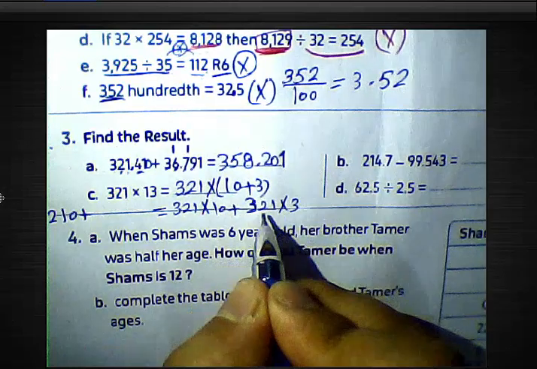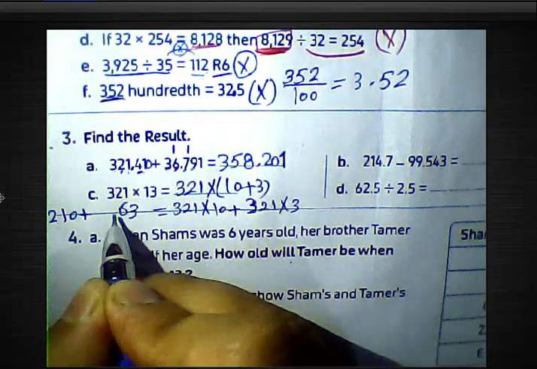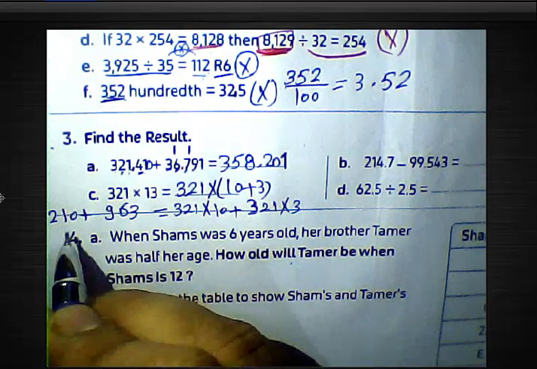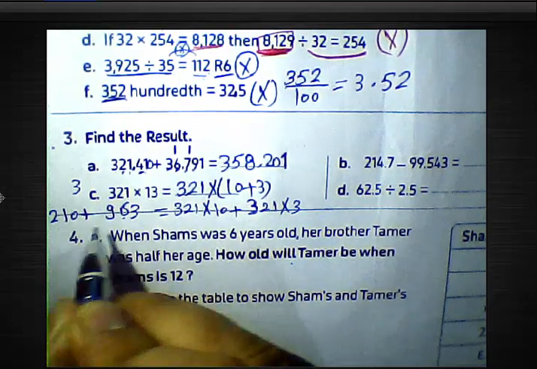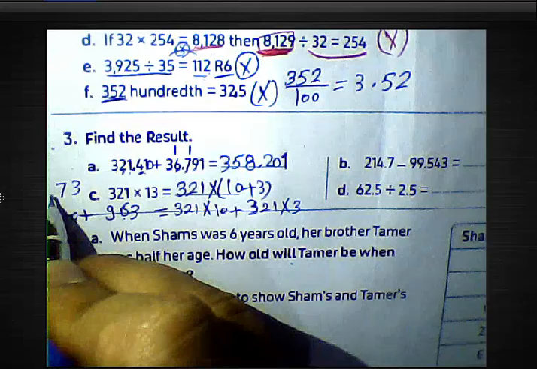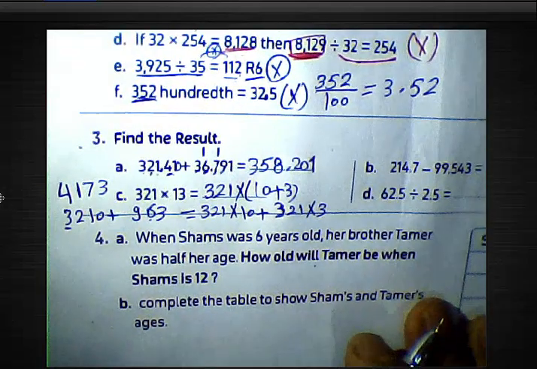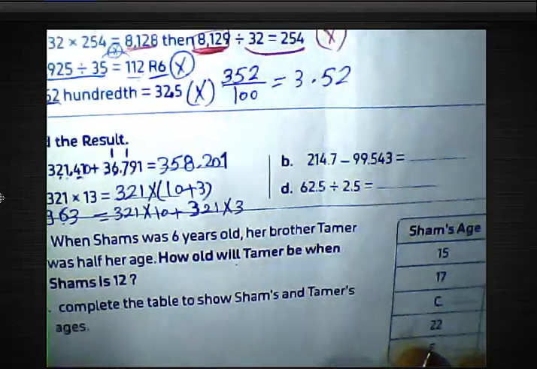And 321 multiplied by 3: 3 times 1 equals 3, 3 times 2 equals 6, 3 times 3 equals 9. Then we add them. 3 plus 0 equals 3, 6 plus 1 equals 7, 9 plus 2 equals 11, 1 and carry 1 to 3 equals 4. The result will be 4173.